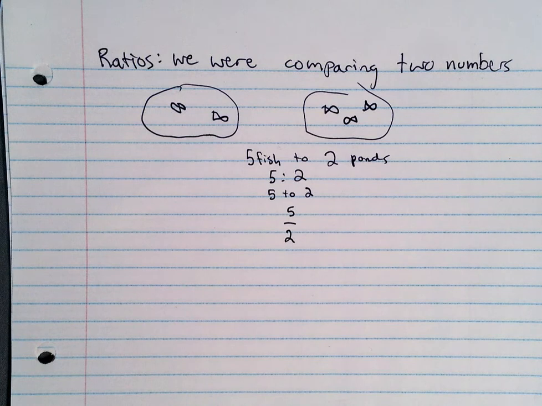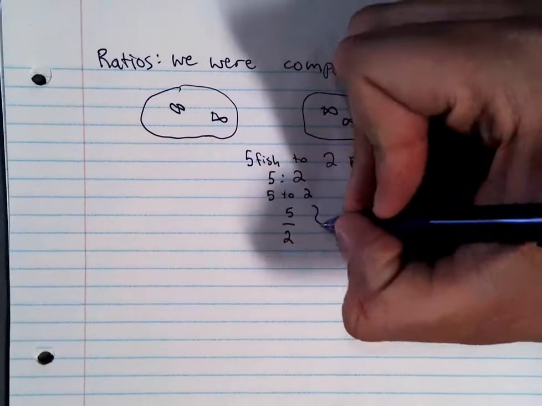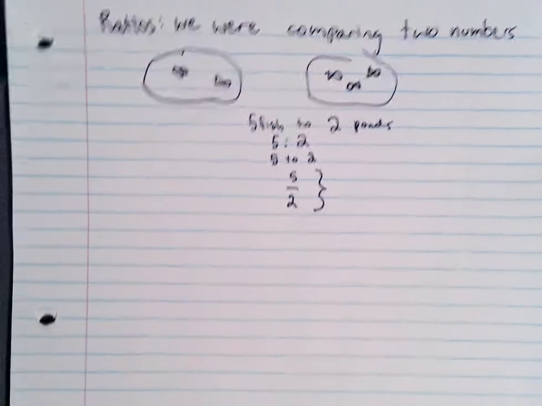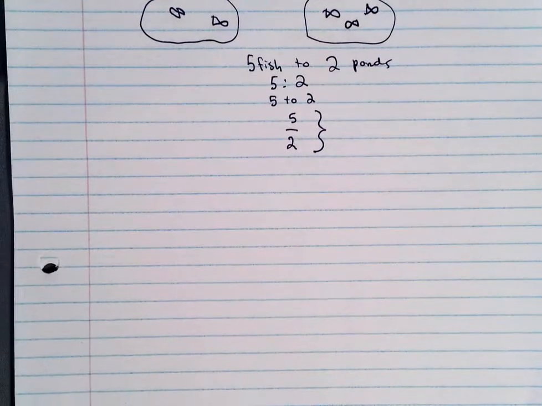Going forward, we're probably going to deal a lot more with the fraction-looking version of the ratio unit. We're also going to be talking about something slightly different. Now we're talking about proportions.